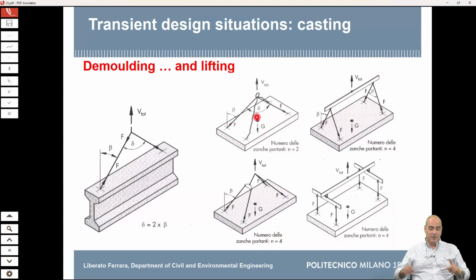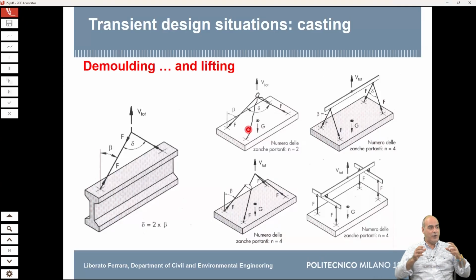Yeah, because you see, when you have this one, the force that your lifting rope is applying is inclined. That inclined force has a vertical component which equilibrates the self-weight, but has also a horizontal component. Well, it's true that those horizontal components are self-equilibrated. But locally, what do they do? They apply a compression force at the extrados of the slab.